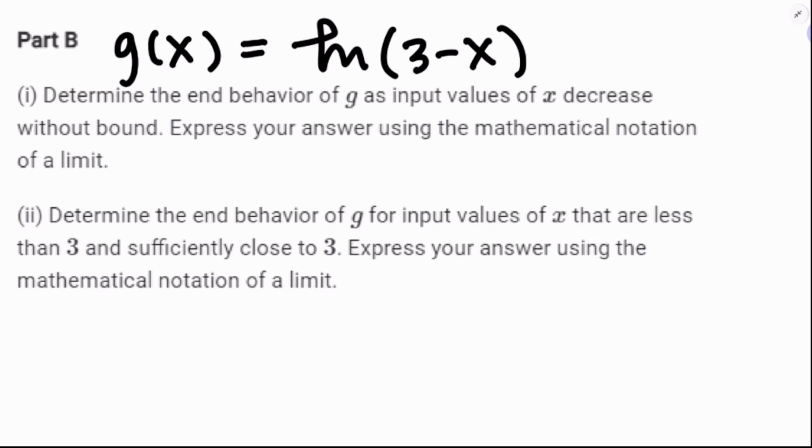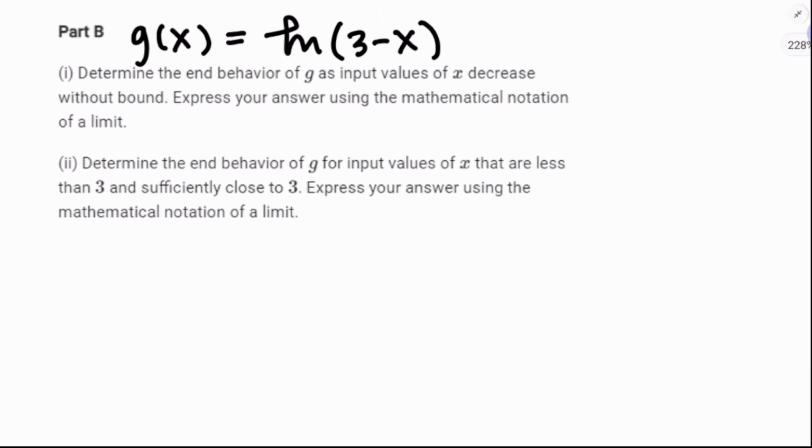Not really what we're interested in. Oh, wait, I was going to apply log properties to this, and there is no log property for this. So what I'll say is I think this one might be a little bit out of bounds for the type of log functions we've been working in my pre-calc class.